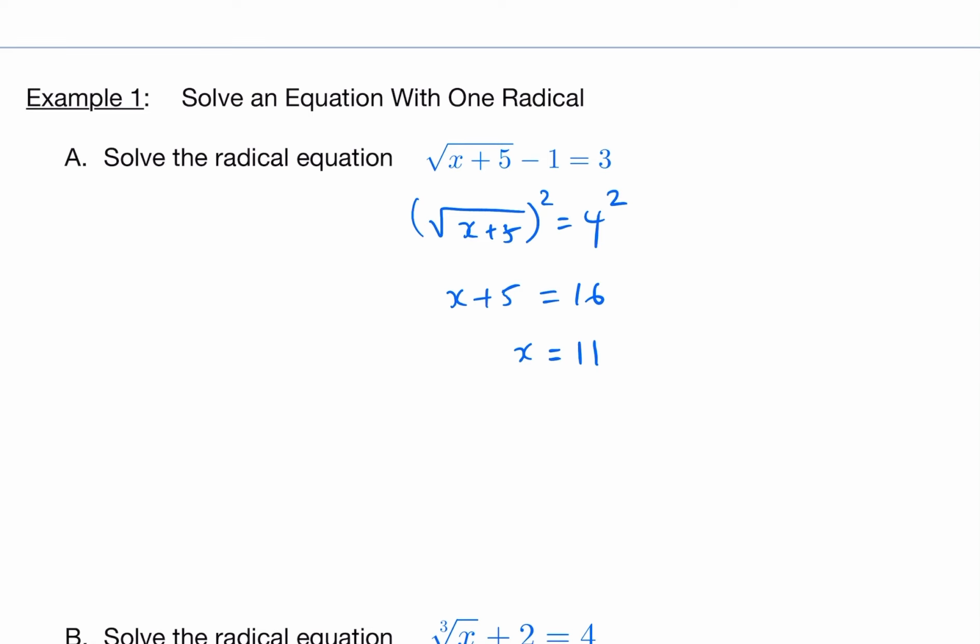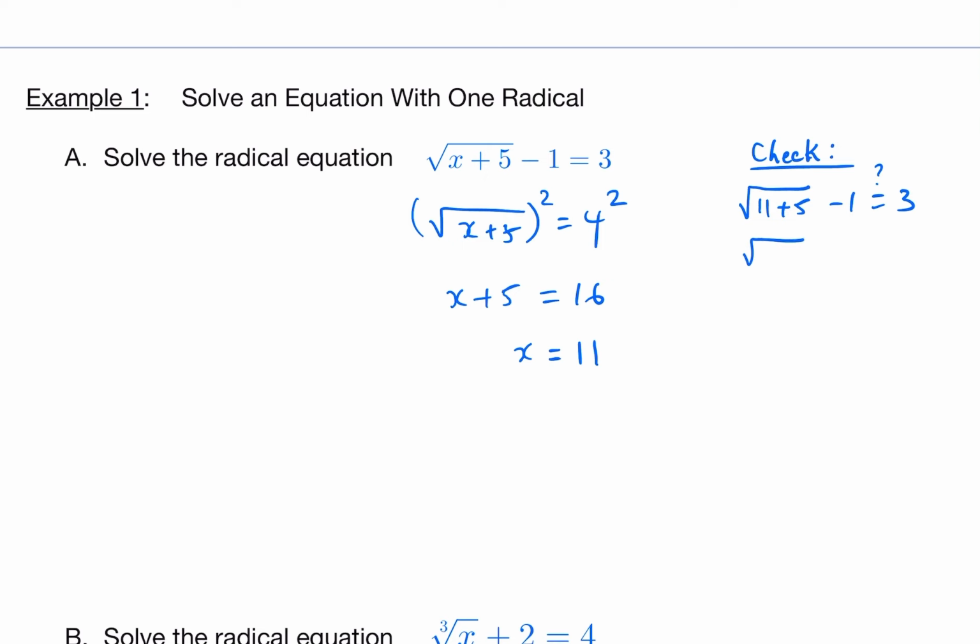One of the things that we want to do whenever we are solving equations with radicals is to always put the answer back into the original equation just to make sure that it makes sense. So let's do our check. Does the square root of 11 plus 5 minus 1 equal 3?